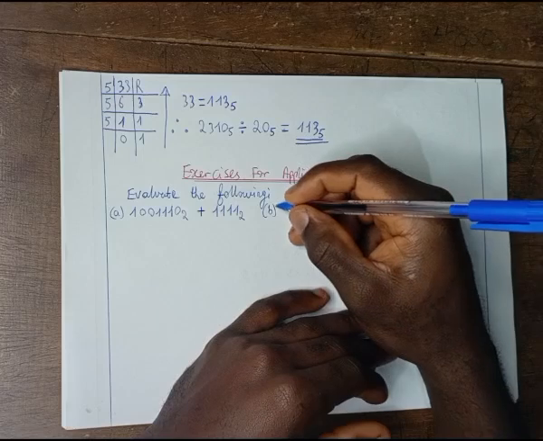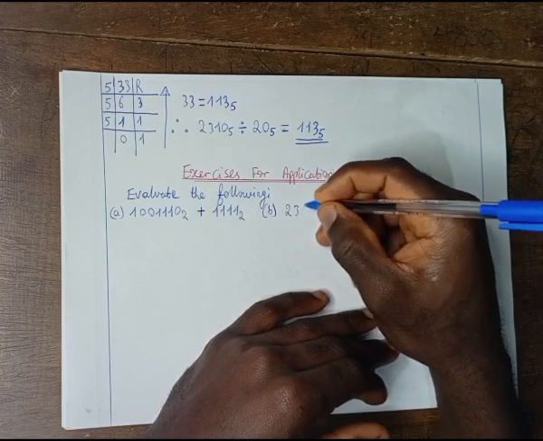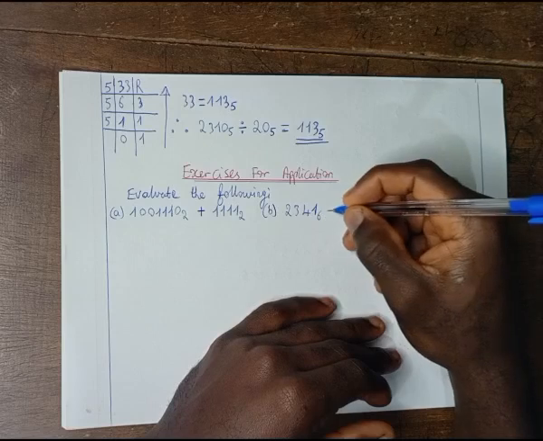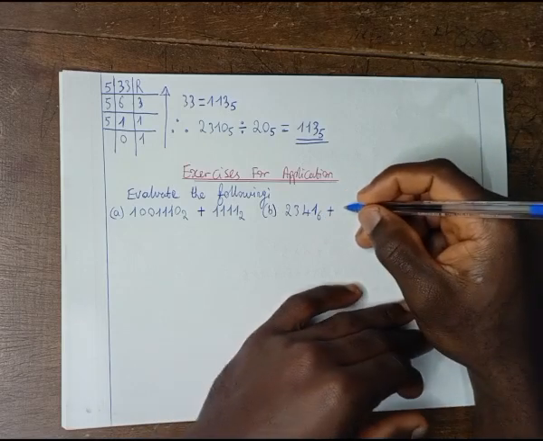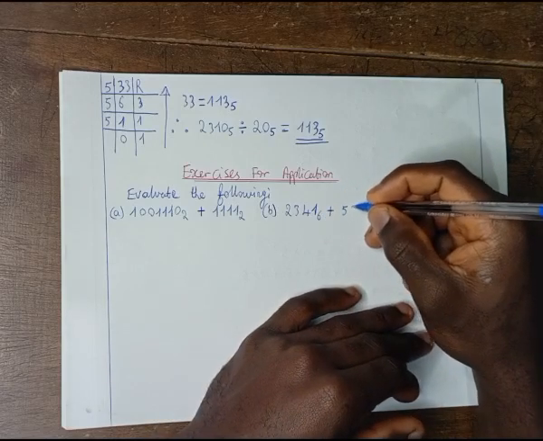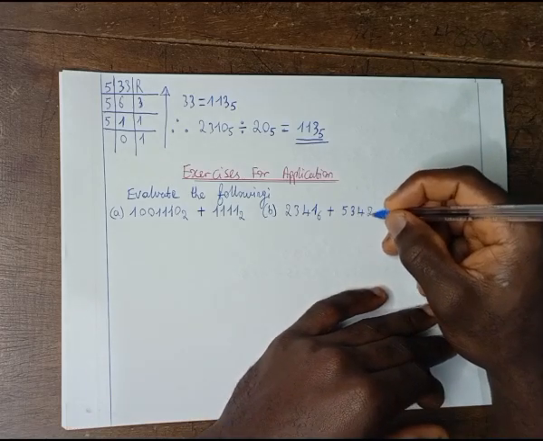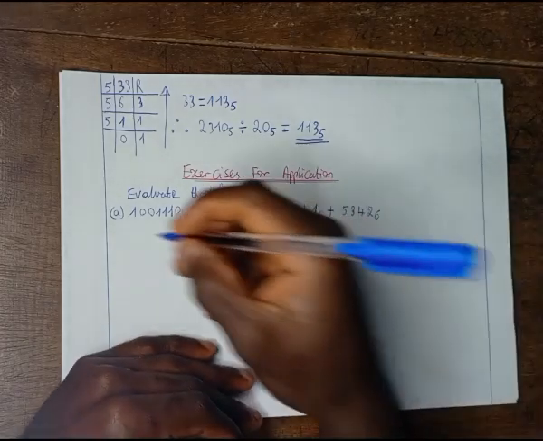B, we have 2 3 4 1 in base 6 plus 5 3 4 2 in base 6.